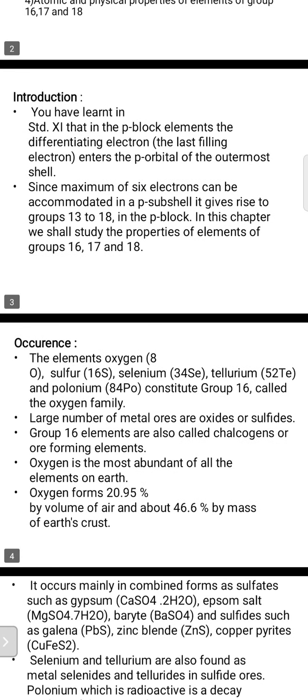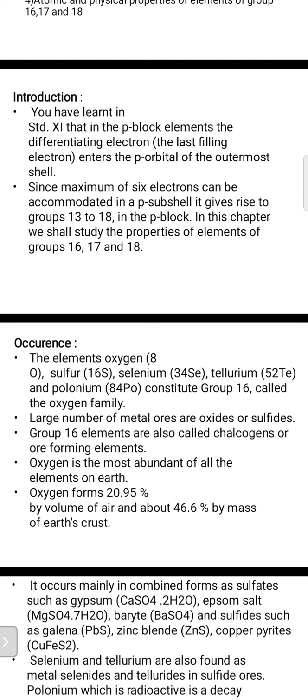17, and 18, and how these elements occur. In the occurrence of these elements, first of all, we want to study oxygen. You know, the oxygen atom has atomic number 8. Sulfur is 16, selenium 34, tellurium 52, and polonium 84.